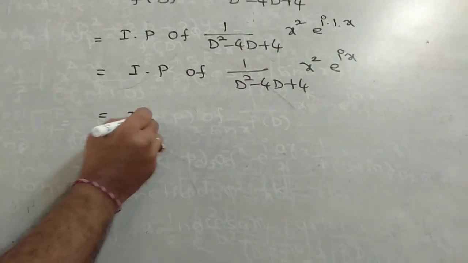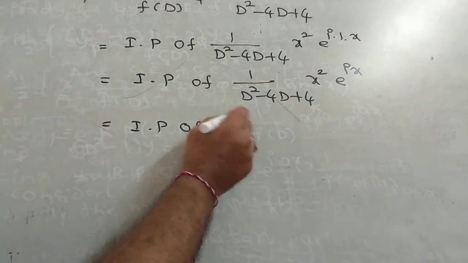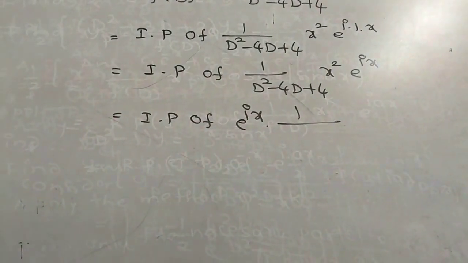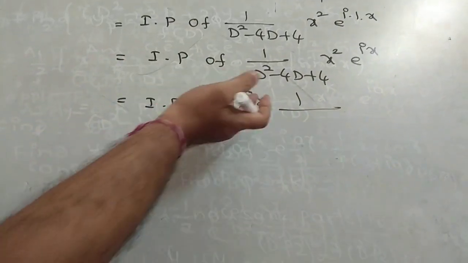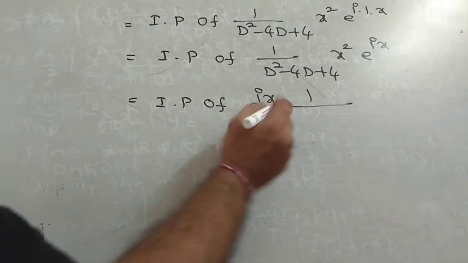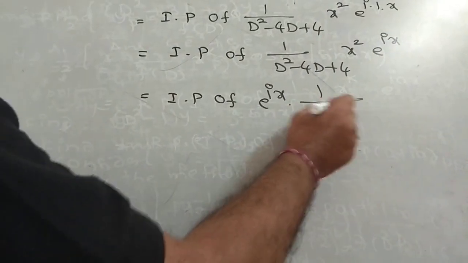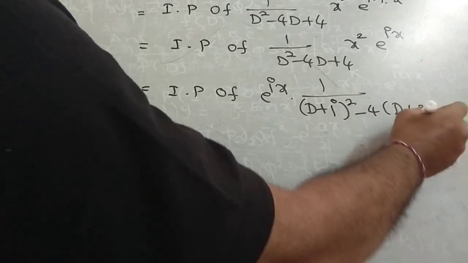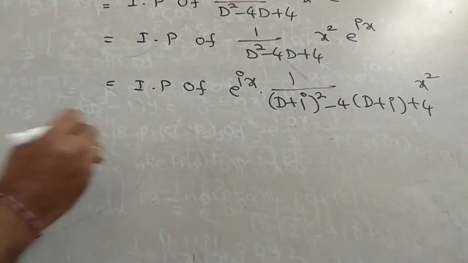Now this is the imaginary part of, I am taking only e to the power of ix to the left side, e power ix, 1 divided by, D is replaced by D plus a, where a is nothing but the x coefficient. So here the x coefficient is i. So D plus i whole square minus 4 into D plus i plus 4, and the remaining term x square as it is.